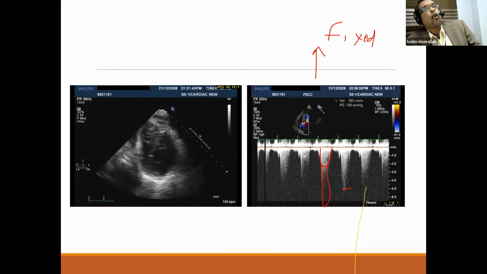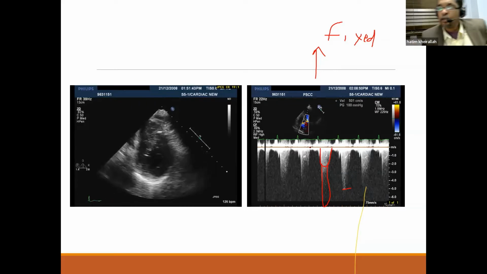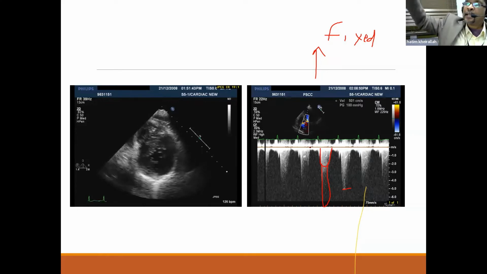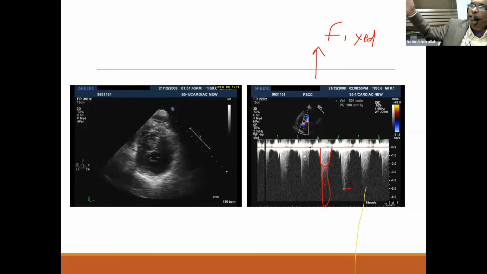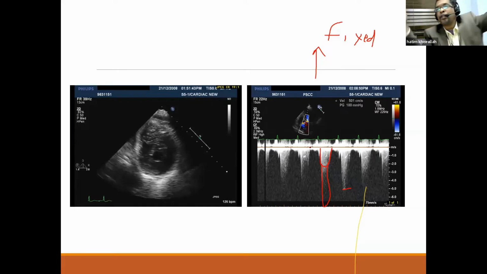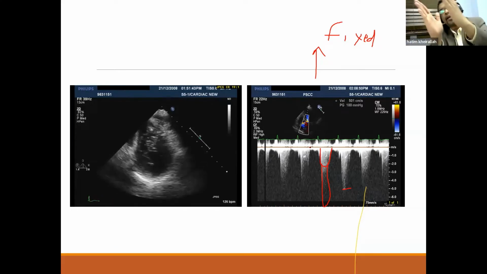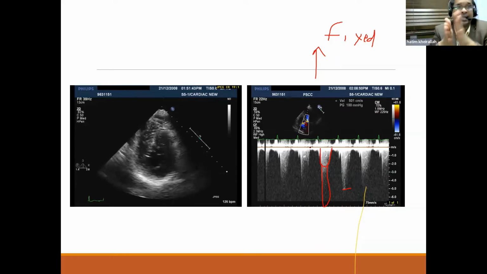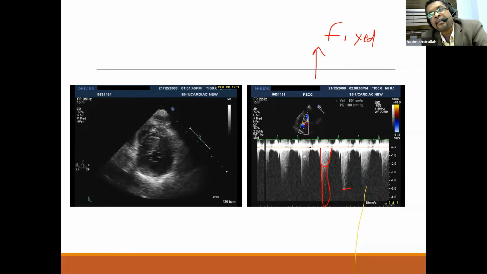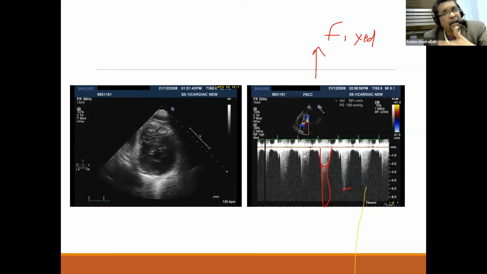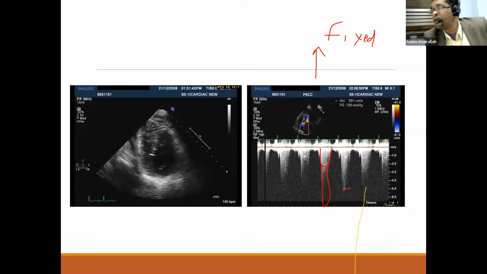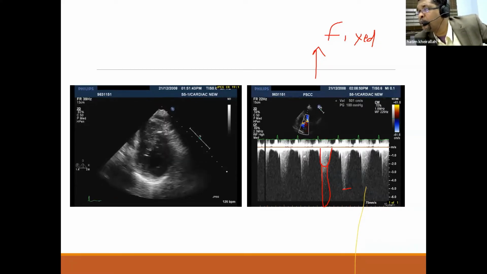So that is all because we are trying to find, by chance, where the maximum velocity is, and we are interrogating that maximum velocity. So our interrogation line is falling parallel to the jet. But we can't know that except by a matter of trial and error. Sometimes you can minimize your trial and error: you put the color on and try to visualize the jet and how it goes.